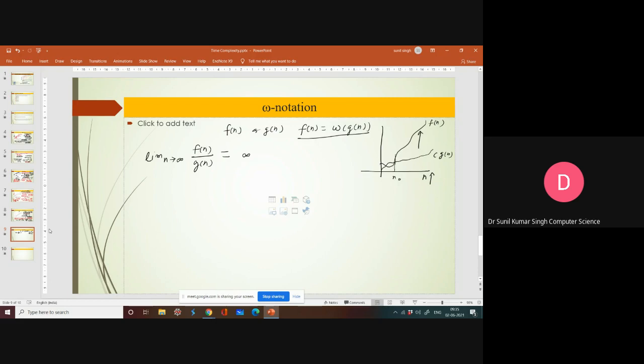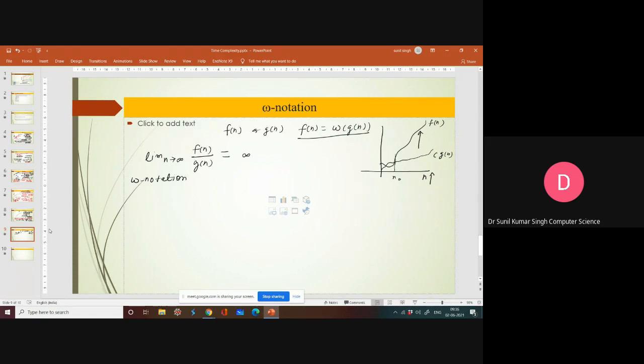Similarly, we can define it using the condition, like omega notation. Omega notation denotes a lower bound.